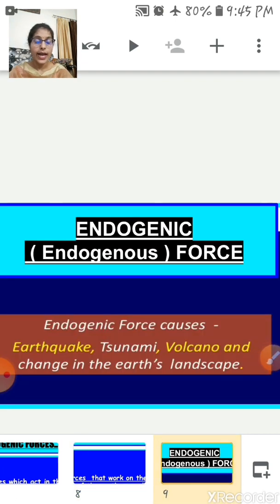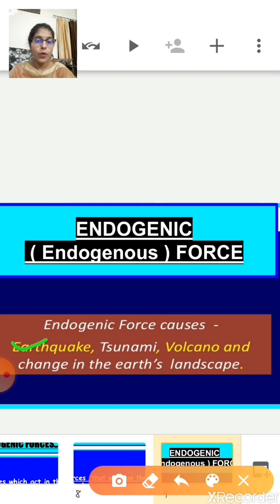First understand endogenic forces. As I said, endogenic forces act inside the earth and lead to earthquakes, tsunamis, volcanoes and changes in the earth's landscape. Now the movement of the tectonic plates can be either slow or sudden.